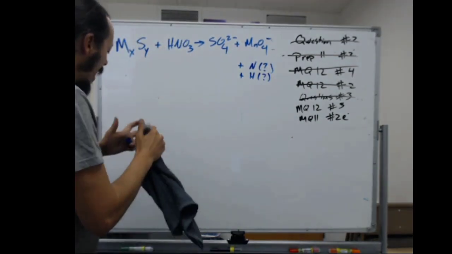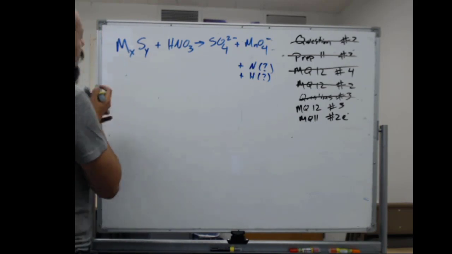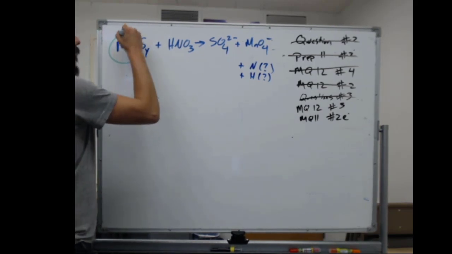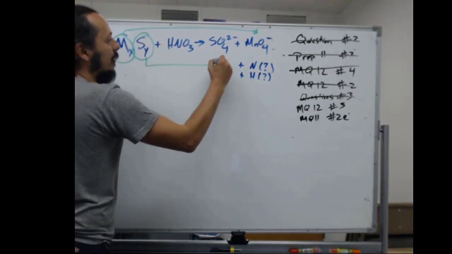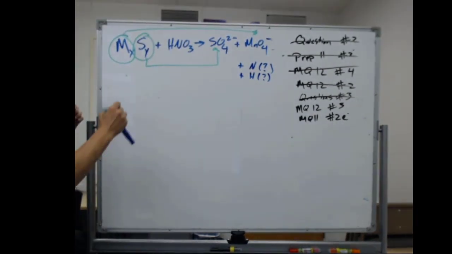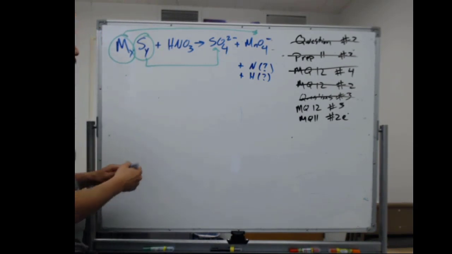I don't know. But because our starting material only has manganese and only has sulfur, we can again use that idea of mass balancing, the same thing we were using in our combustion analysis.